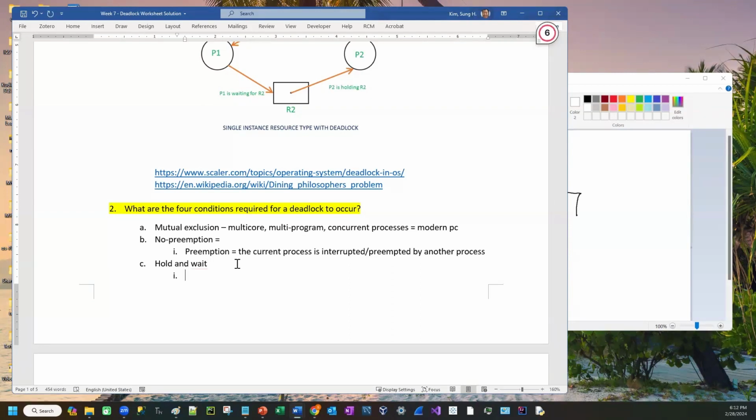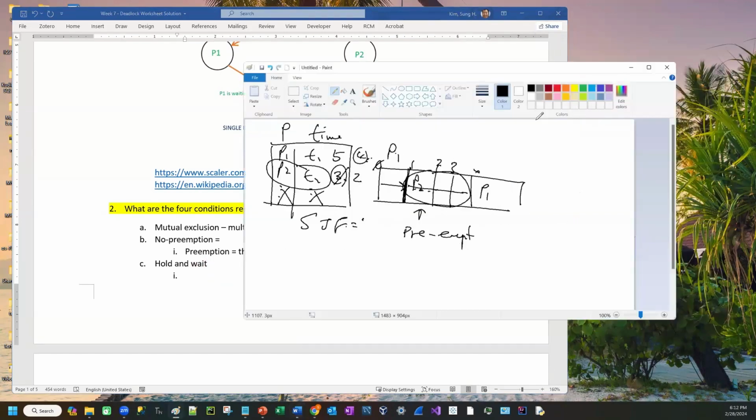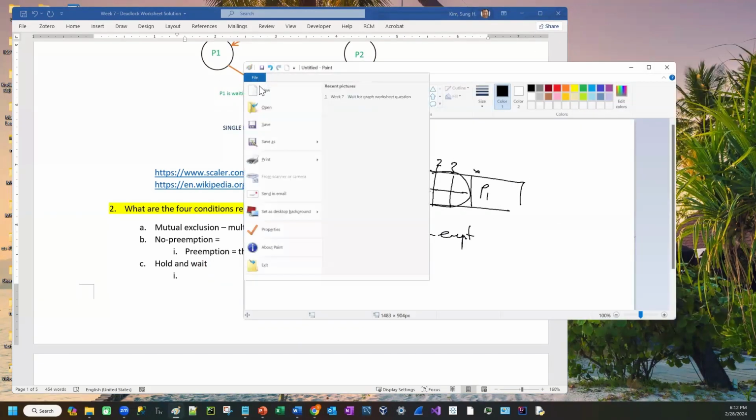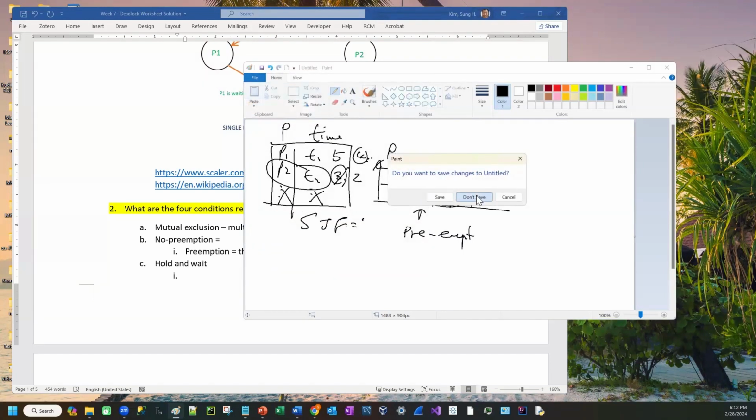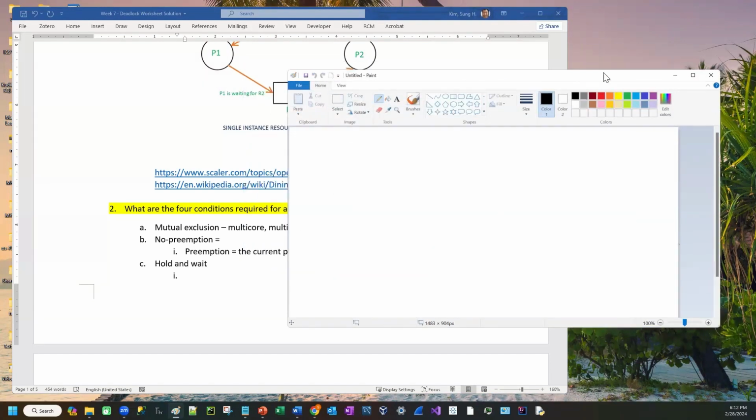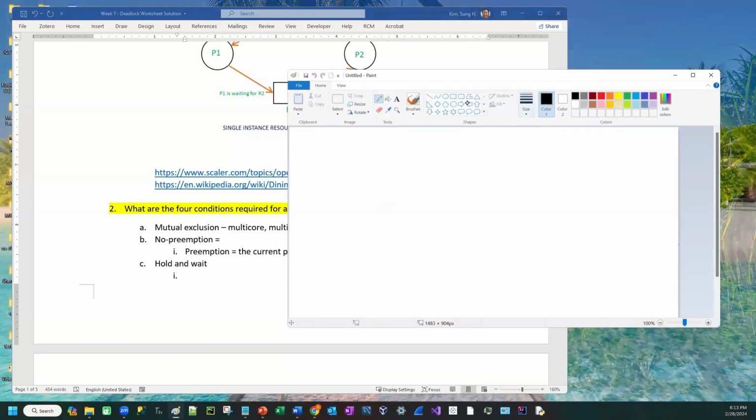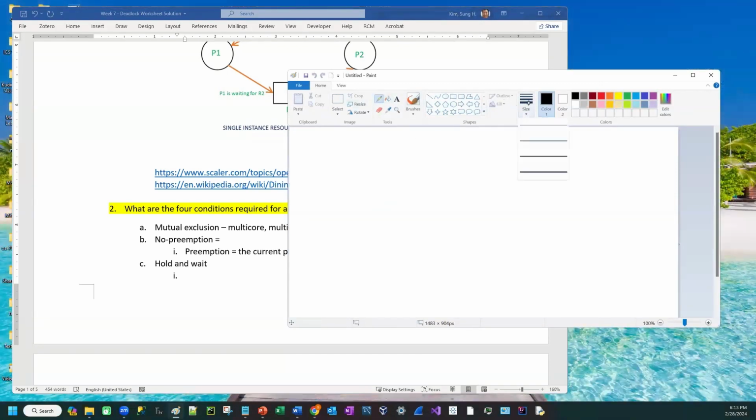And hold and wait means, when there's a process, and let's say there's a resource here, and let's say this is a printer, right?